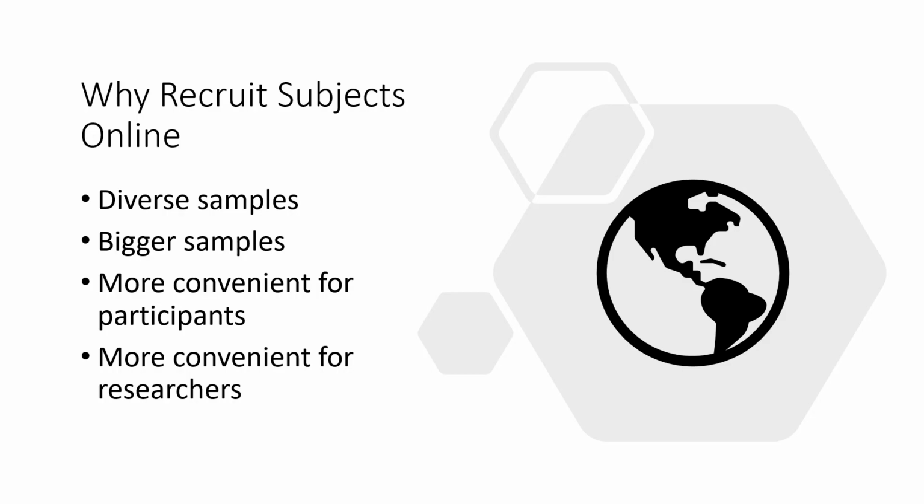You can run 10,000 people overnight on a survey online, which is something that you could never imagine doing in a physical lab. It's also more convenient for participants and for researchers. People don't have to come into your lab to fill out your survey. They don't have to worry about having somebody show up at the lab or not show up at the lab, and having to reschedule. So it's just more convenient.